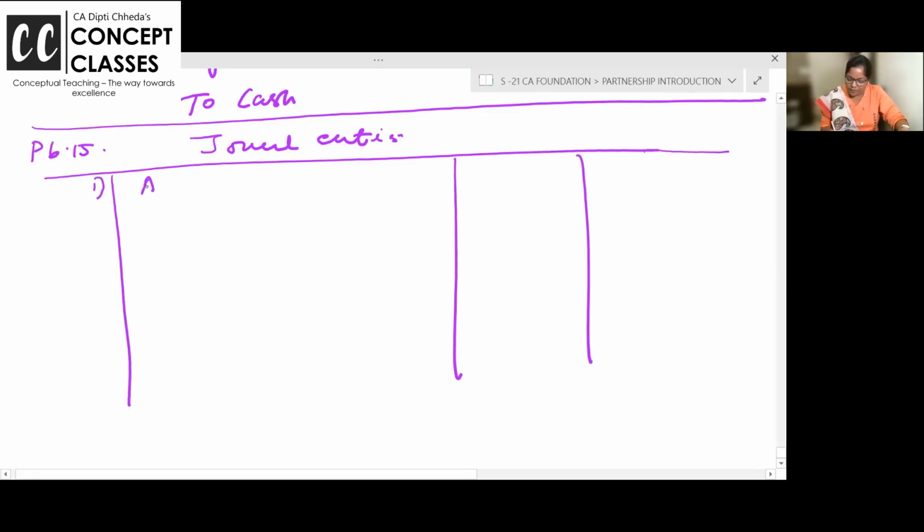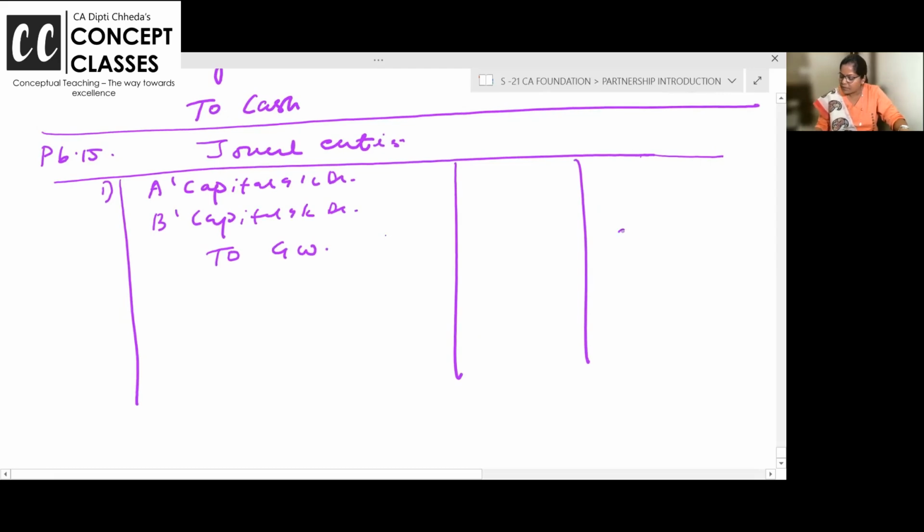Yes. A's capital account debit, B's capital account debit, to goodwill 5,000. Give A 5,000 into 3/5.